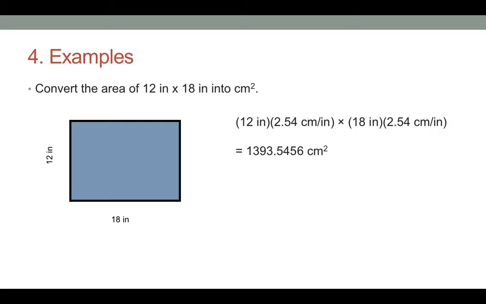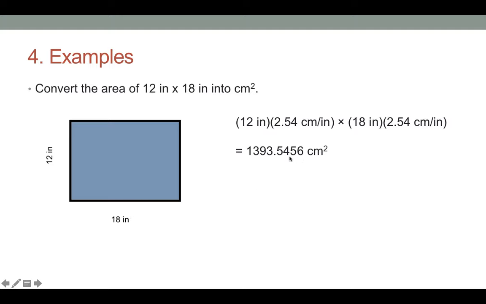Plugging all of that into a calculator, we get 1,393.5456 square centimeters. If you found that to be the answer, okay, you can do math, but we just reviewed sig figs, and that is not to the correct sig figs. Both of our dimensions only have 2 sig figs.